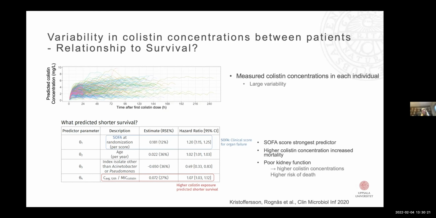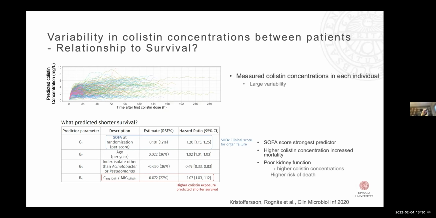But even if we have accounted for that, the death increased with age, as you would expect. And then also, if the patient was infected with Acinetobacter or Pseudomonas, there was a worse outcome than from other types of bacteria.